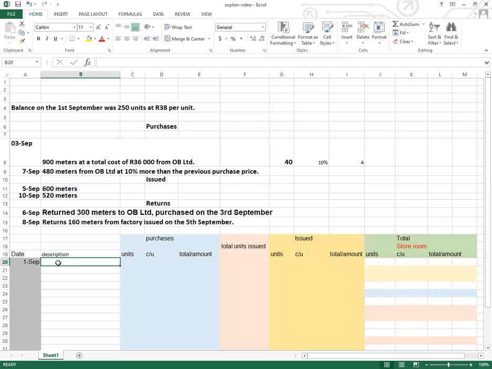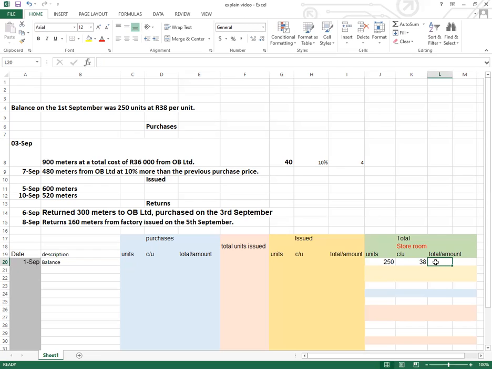The balance on the 1st of September was 250 units at 38 Rand per unit, which means in our storeroom we had inventory on hand of 250 units at 38 Rand.